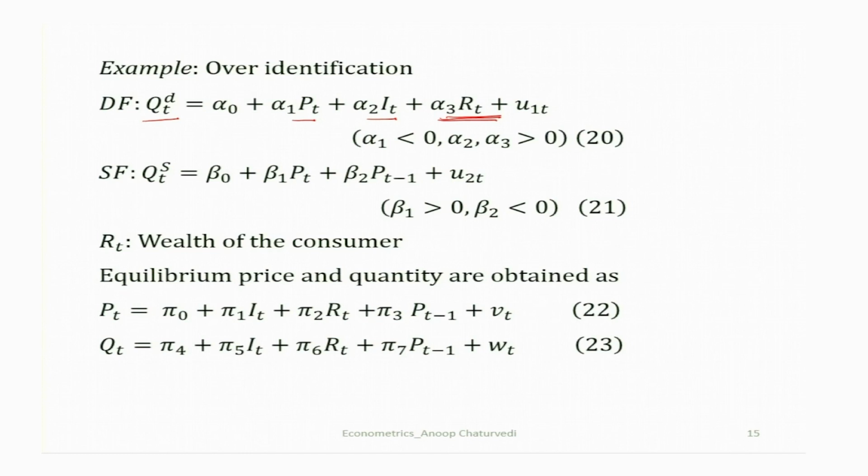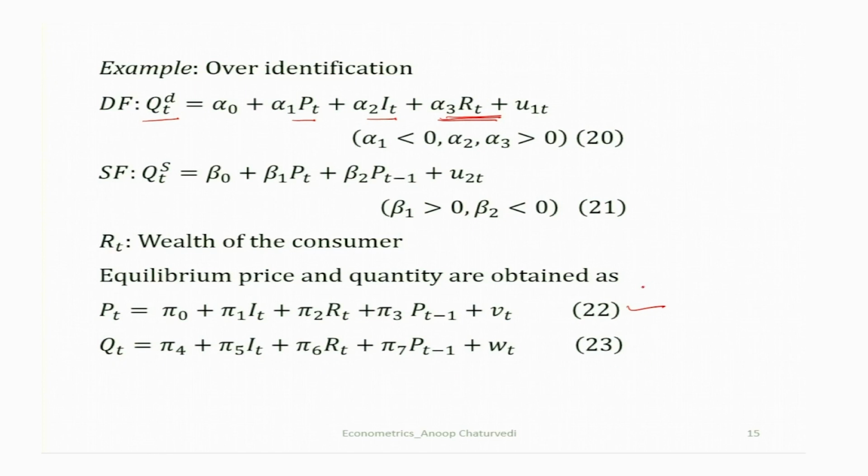Again we obtain the equilibrium price and quantity. To obtain the equilibrium price, again we equate these two equations and then we solve it for p t. So, we get this equation 22 and then we substitute this equilibrium price in any of these two equations and then we get the equilibrium quantity q t.